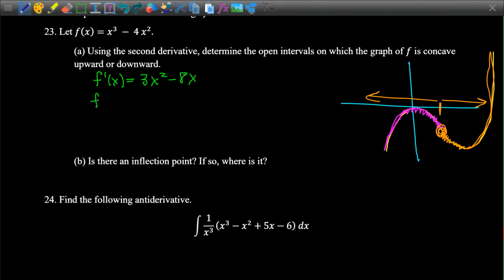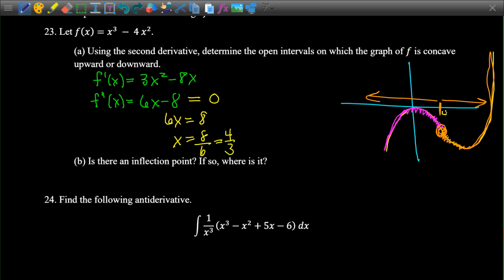And then from that, we will get the second derivative, just 6x minus 8. And what we know about the points at which the concavity changes, or the inflection point, we know that the second derivative is 0. So we're going to set this equal to 0, solve for x. So x is 8/6 or 4/3.